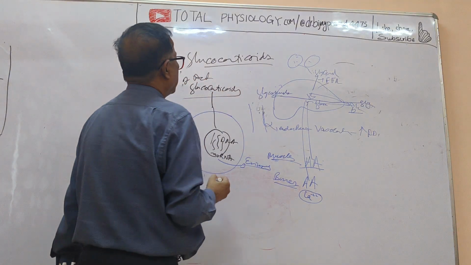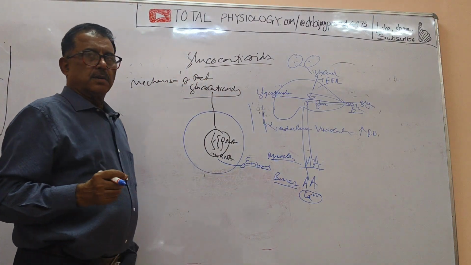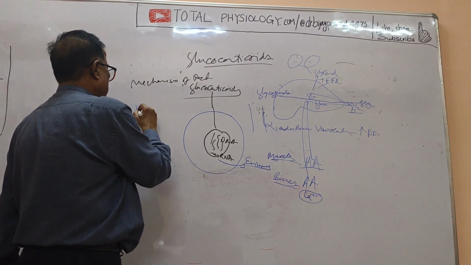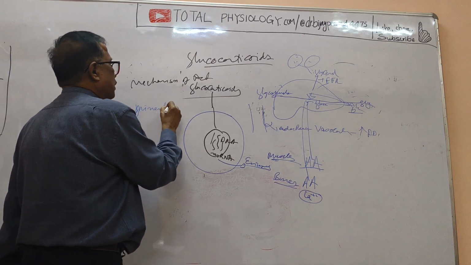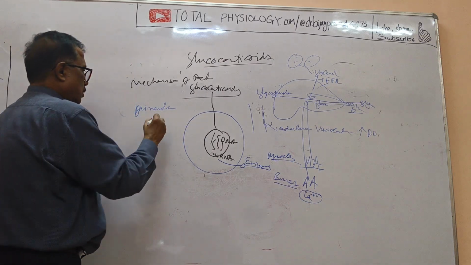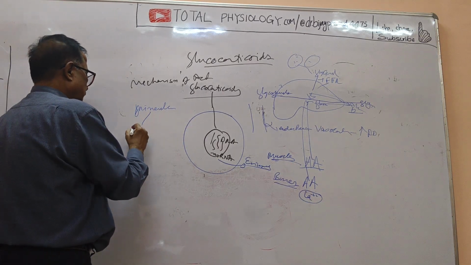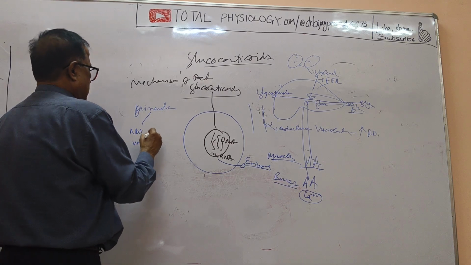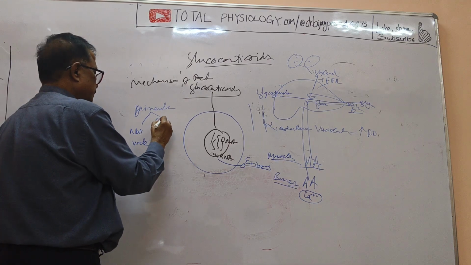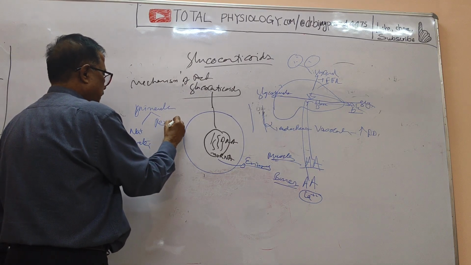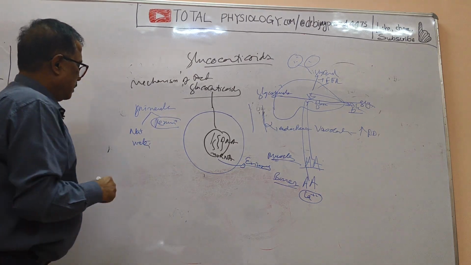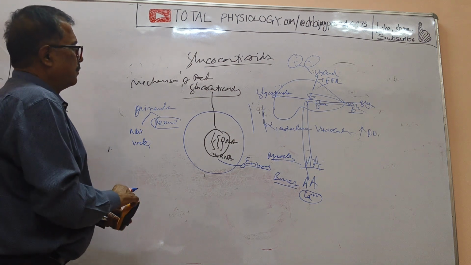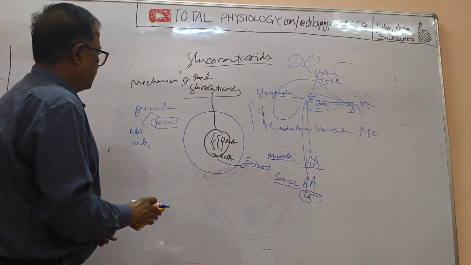Second, it also has some mineralocorticoid effect, which will cause sodium retention, water retention, and increased renin formation. This will cause sodium retention and therefore water retention, increasing blood volume and so blood pressure.